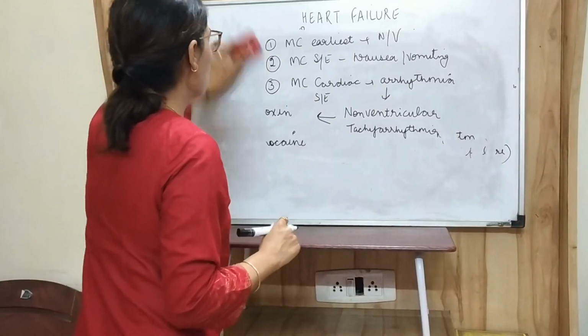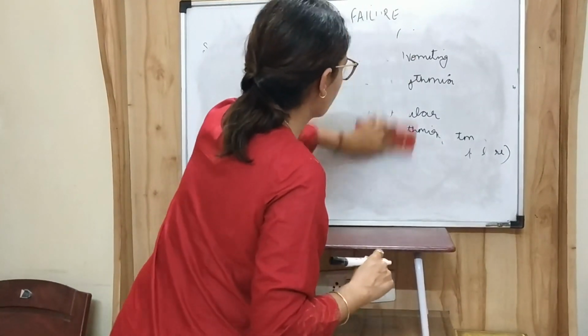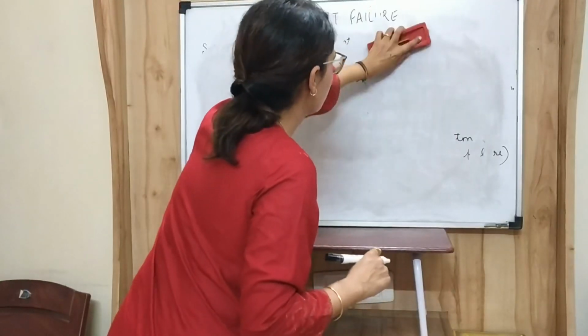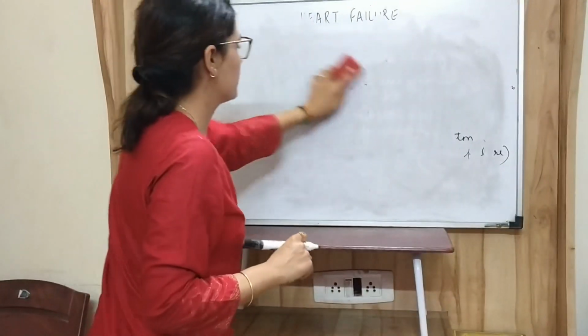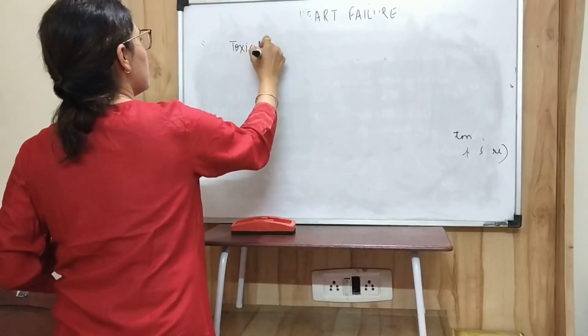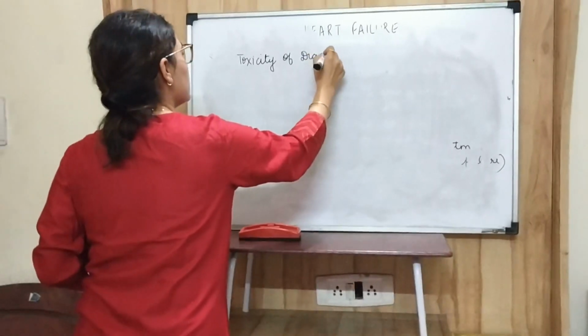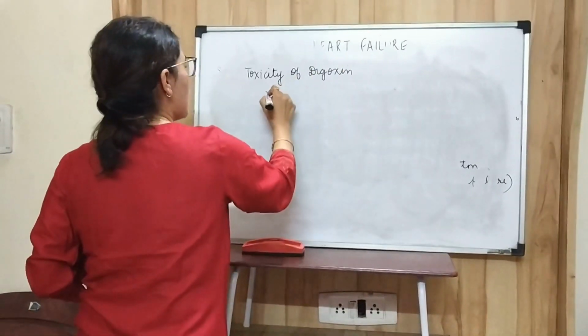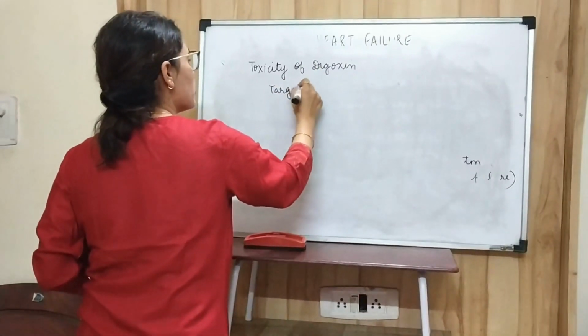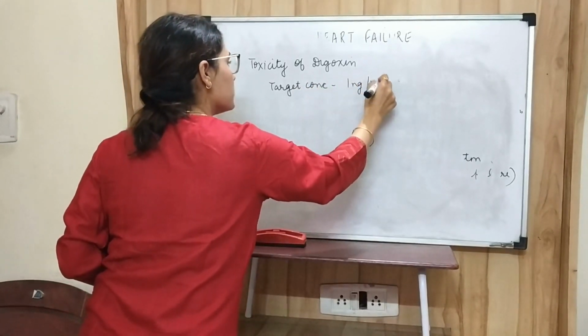Now comes the toxicity of digoxin. Target therapeutic concentration of digoxin is 1 nanogram per ml.